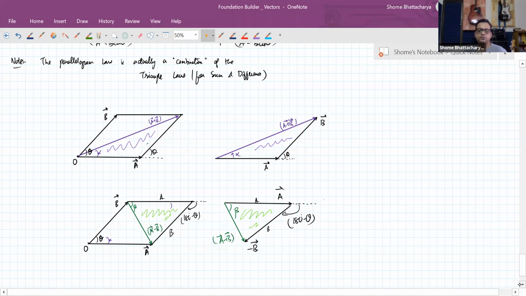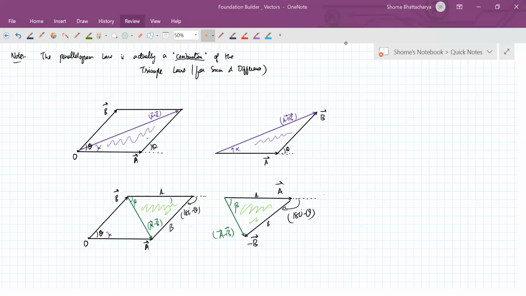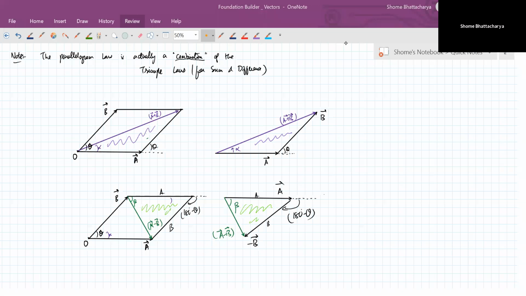Okay. So that is what we mean by saying that when we compare the parallelogram diagram or the figure with the two individual triangle laws, we realize that it is nothing but a combination of the individual triangle laws. There's no real new information in it, and that's why obviously the formulae are also the same. It's just that there's a different way of constructing it. Okay, so just make a note of this, and this is quite important. Okay, you'll realize in some time why this is important, because certain types of problems will become very easy to solve by using this.